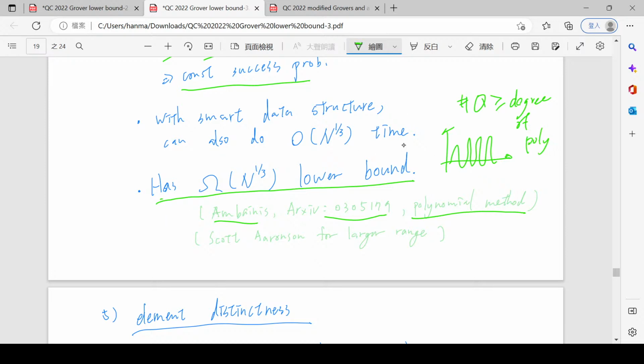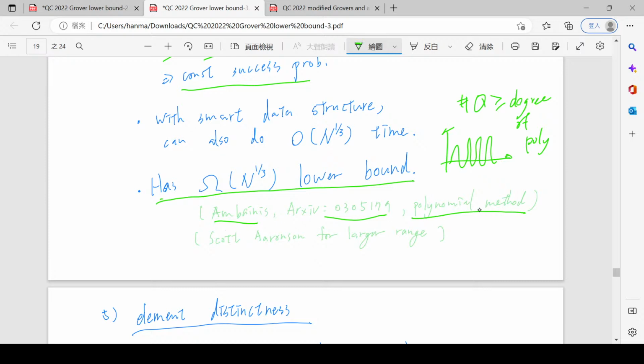And so you just need to prove that your polynomial has a very high degree. Then it means that you need lots of quantum queries to make such a weird polynomial. So that's pretty interesting, although we don't quite have time to cover it in this class.